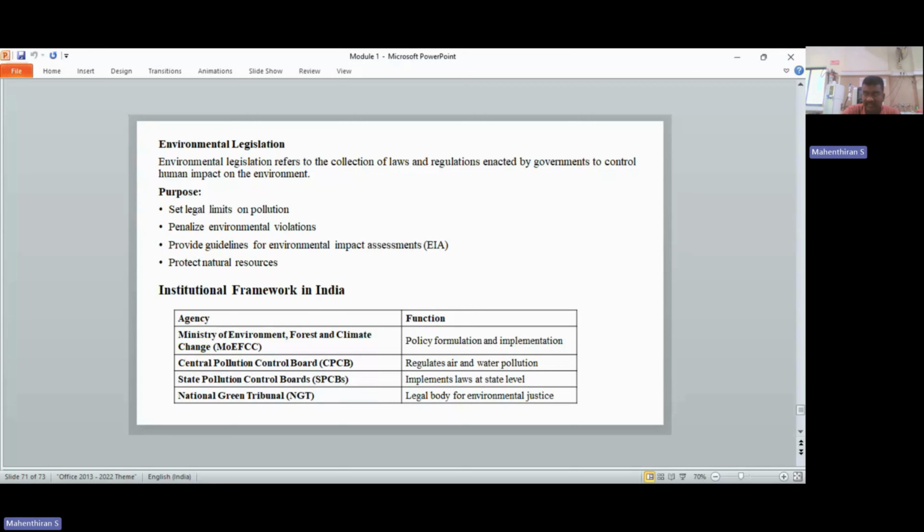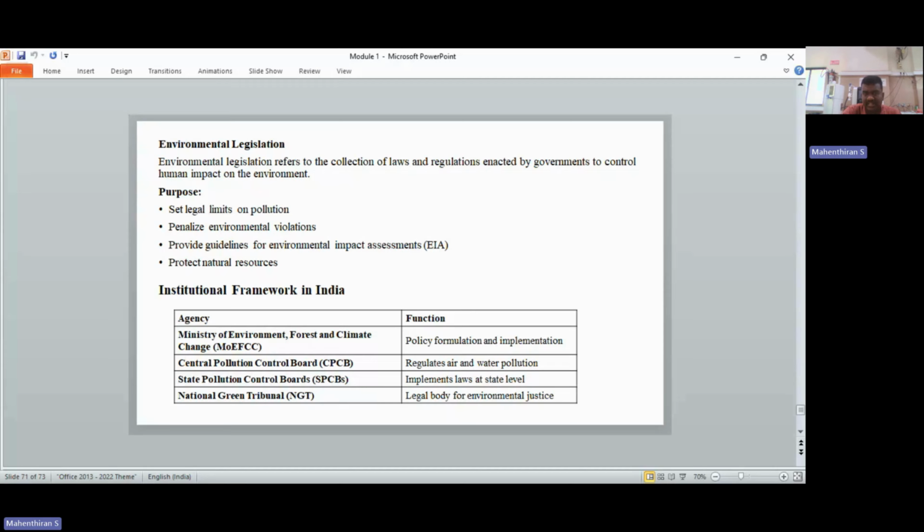Its main functions include policy formulation, that means drafting new environmental policies and laws; implementation, overseeing the execution of national environmental programs; approvals, granting environmental clearances for major projects; and international negotiations, representing India in global environmental agreements like the Paris climate agreement.